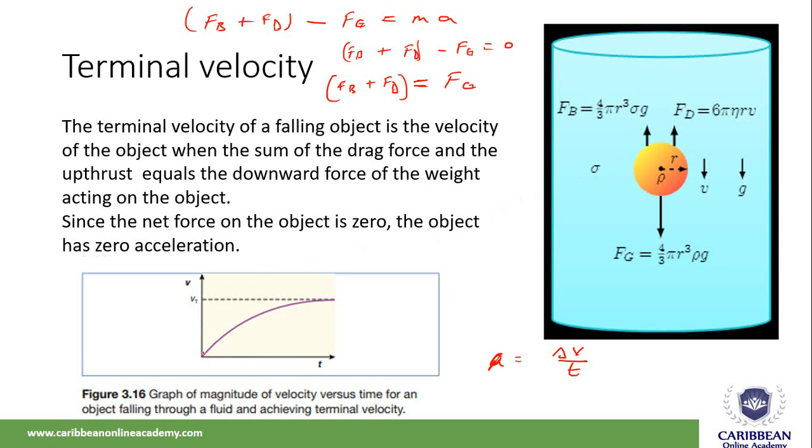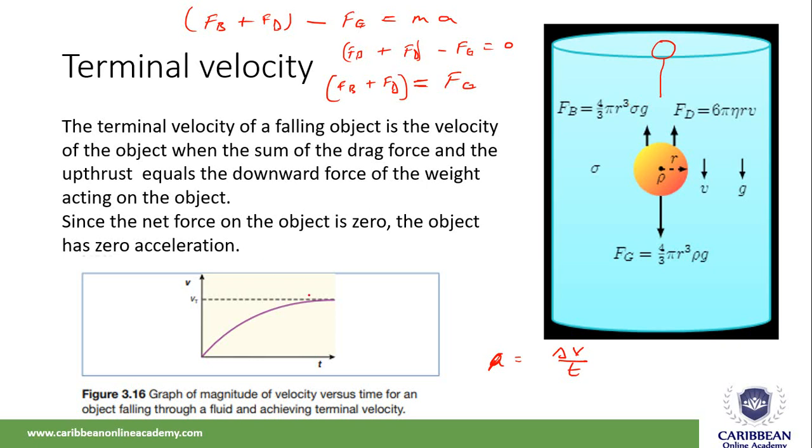From a graphical standpoint, this is what it looks like. As velocity changes with time, remember the very moment you put the object in the fluid, the velocity will change, but as soon as the upward force is equal to the downward force, we reach a state we call terminal velocity.